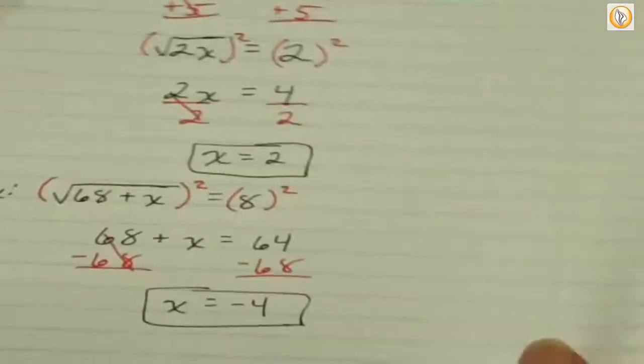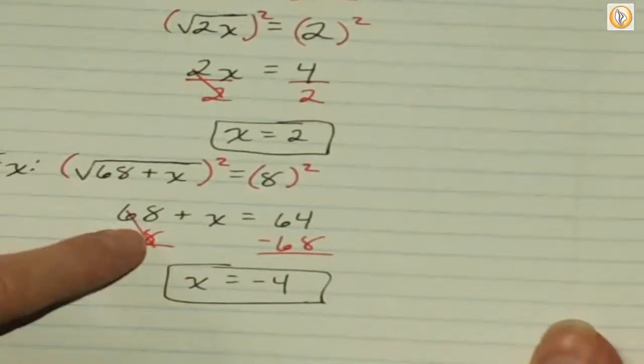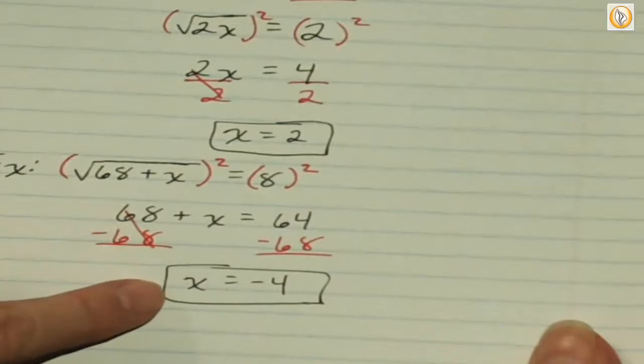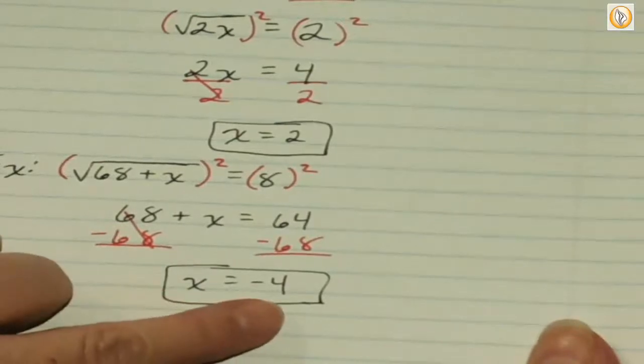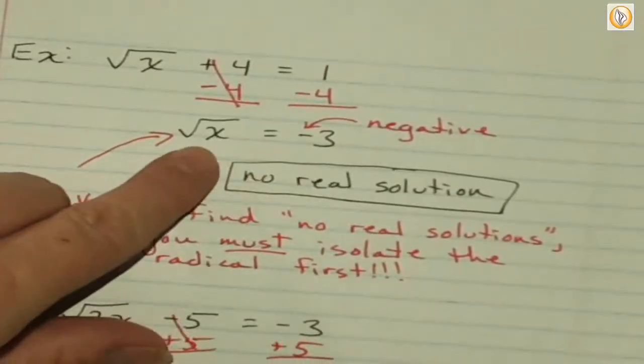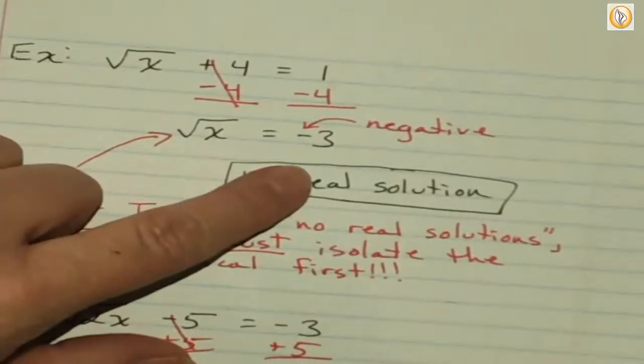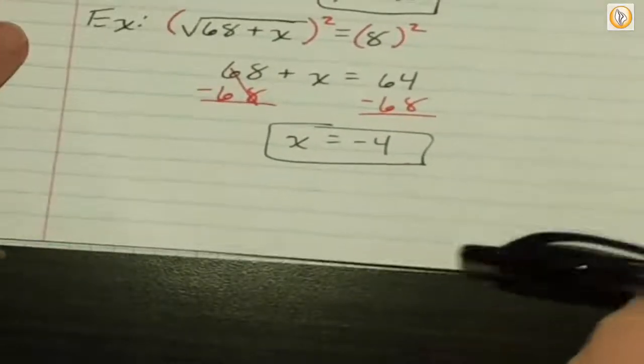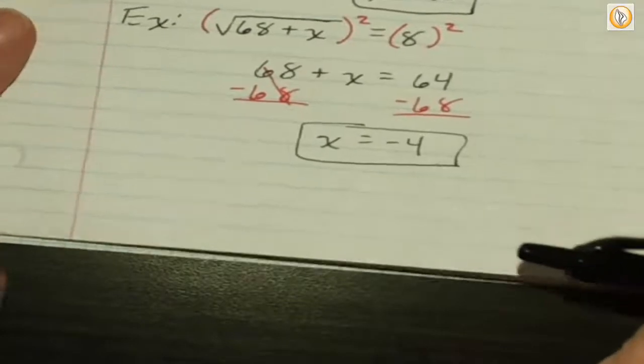Let's look at the difference. This one is okay because we've already gotten rid of the radical sign, so now we can have a negative. This is not okay because you can't get rid of it. You know what I'm saying? Good job. Here's another.